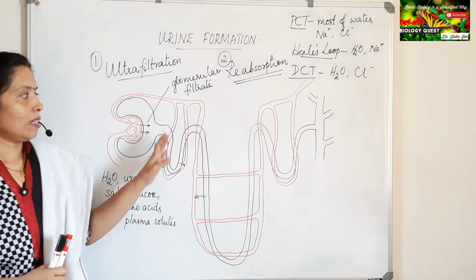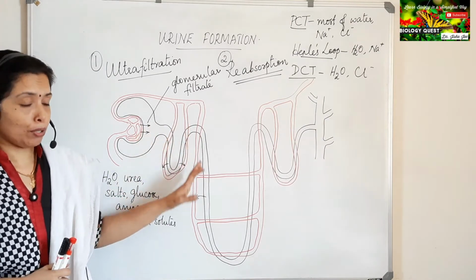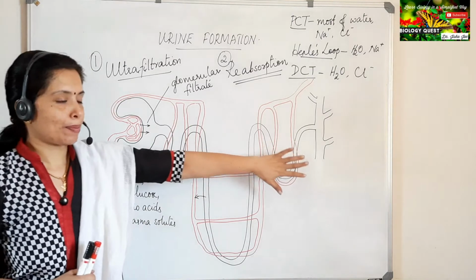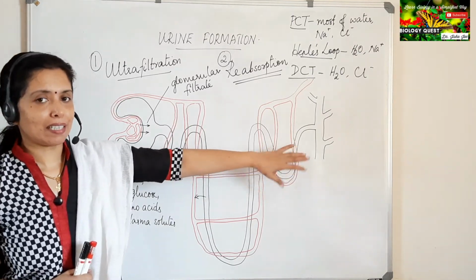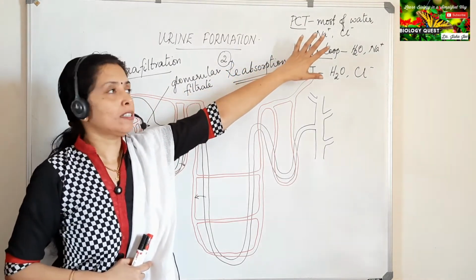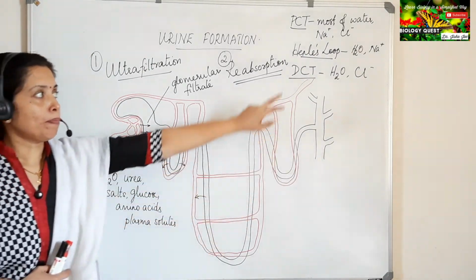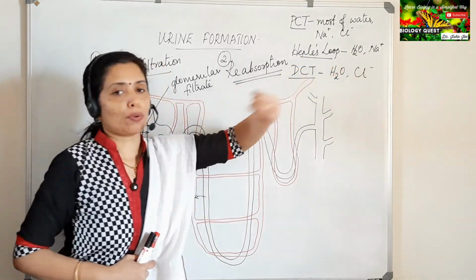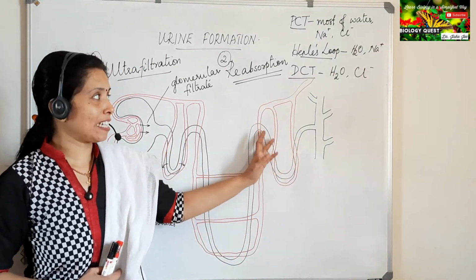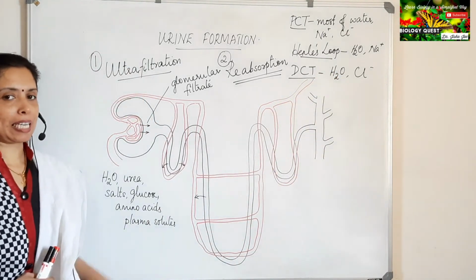So we have seen the glomerular filtrate. Once it enters the tubules, the PCT, the loop of Henle as well as the DCT, there is reabsorption taking place. In the PCT, most of the water, sodium ions and chloride ions will be reabsorbed. In the Henle's loop, the rest of the water and sodium ions will be reabsorbed, and by the time the filtrate reaches the DCT, the remaining water and chloride ions will be reabsorbed.